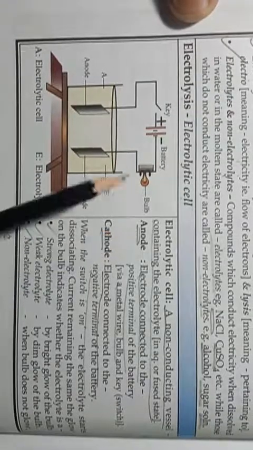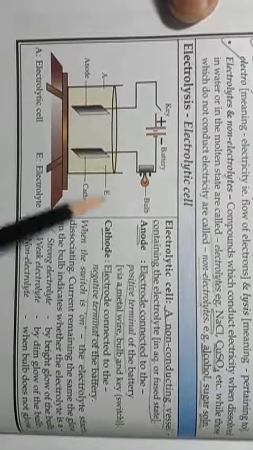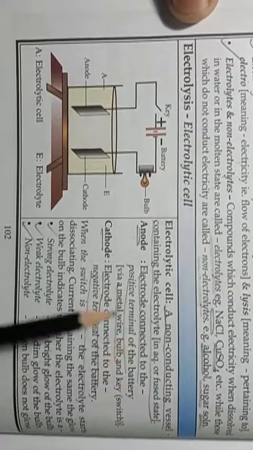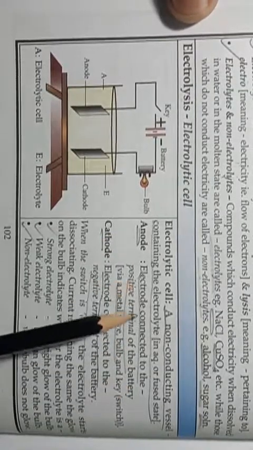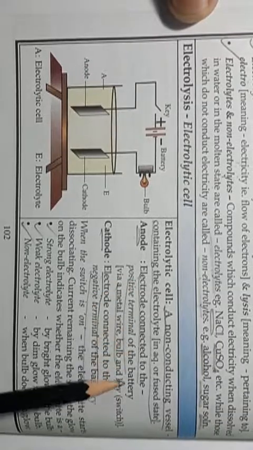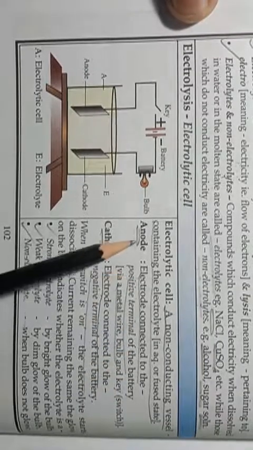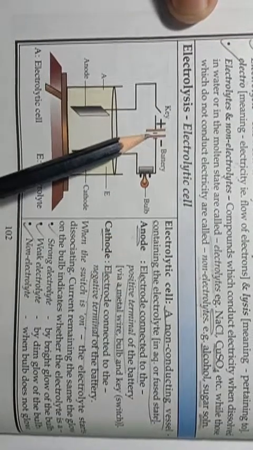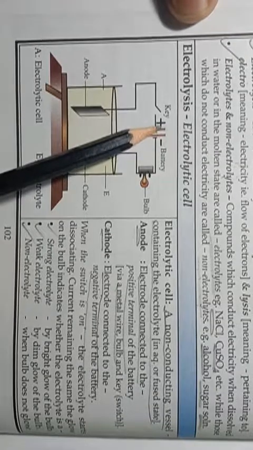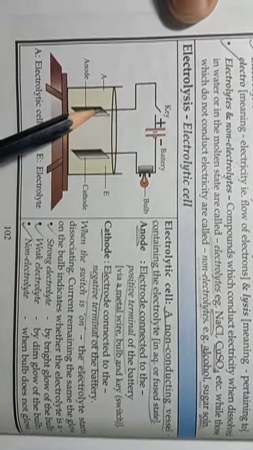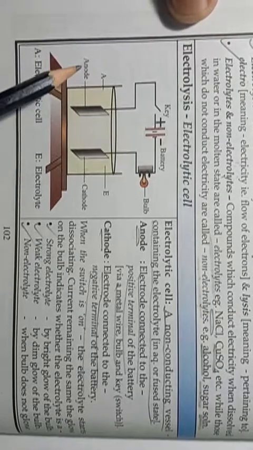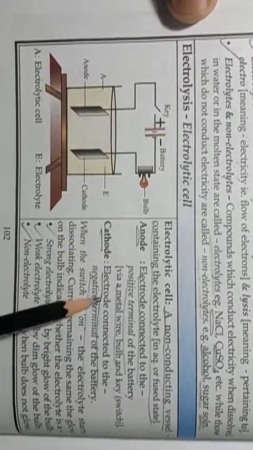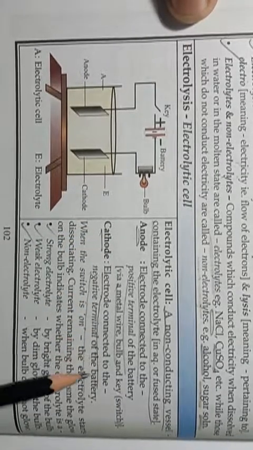Now the electrolytic cell has two electrodes. The one which is connected to the positive terminal of the battery is known as the anode. So this is the battery, and with the positive terminal of this battery, this plate is connected. So this plate is the anode of the electrolytic cell, and the cathode is connected to the negative terminal of the battery.